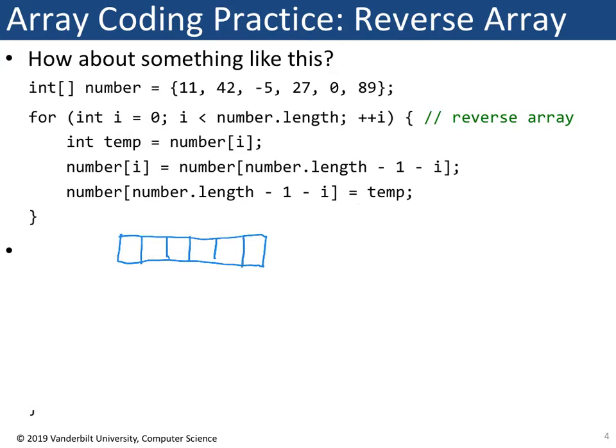When I equals 0, we swap those. I equals 1, we swap these. At I equals 2, we're done. We've swapped each pair of elements.